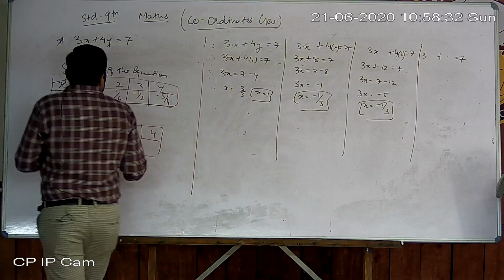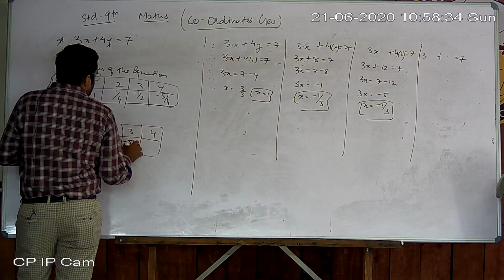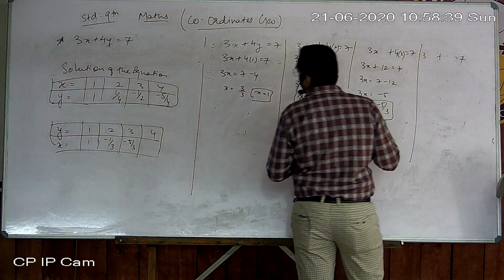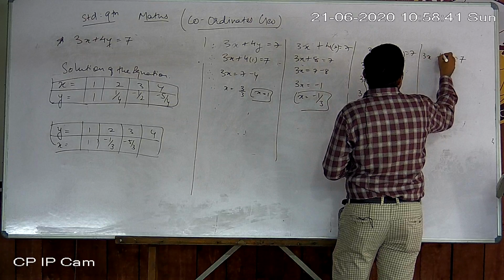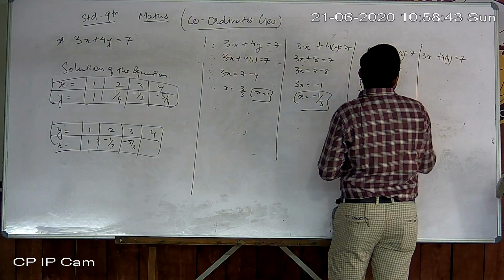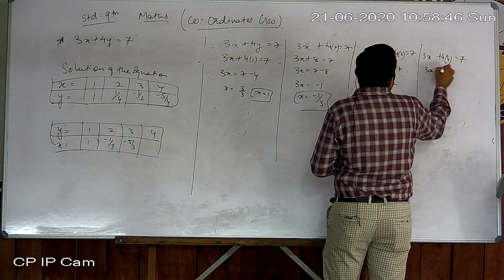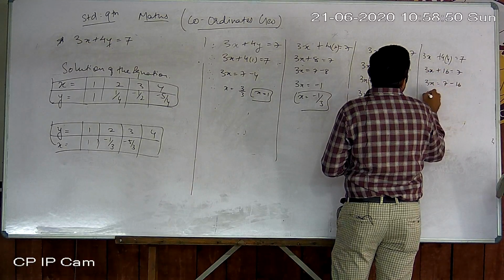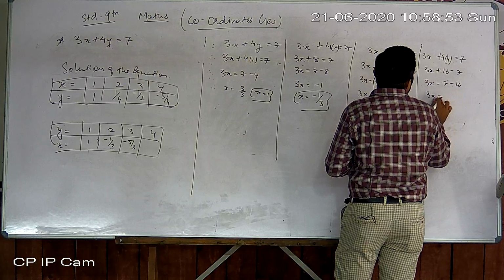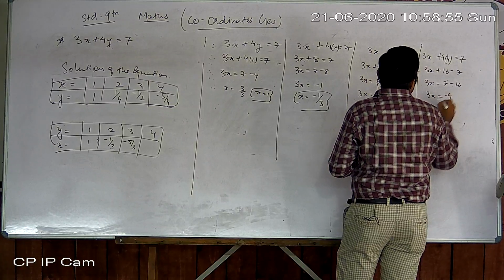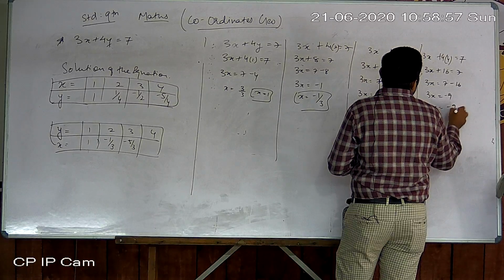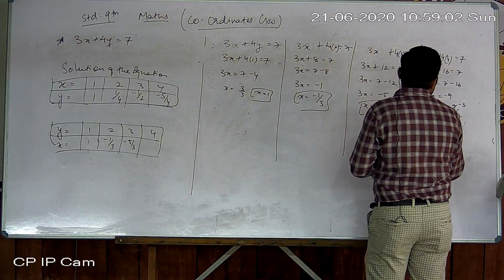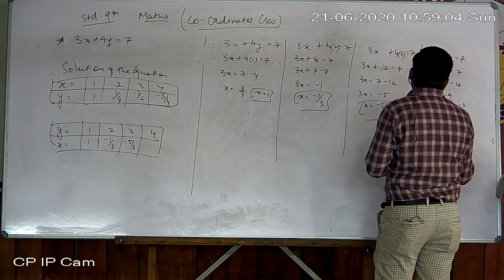Then for the value of y as 4, when I put 4 in the place of y, I find that 3x equal to 7 minus 16, that is minus 9. So therefore minus 9 by 3, that is minus 3. That is x equal to minus 3.